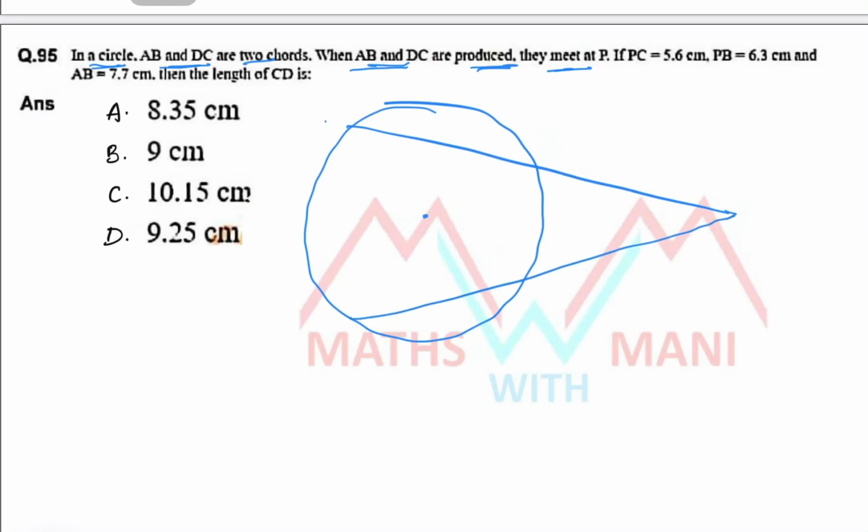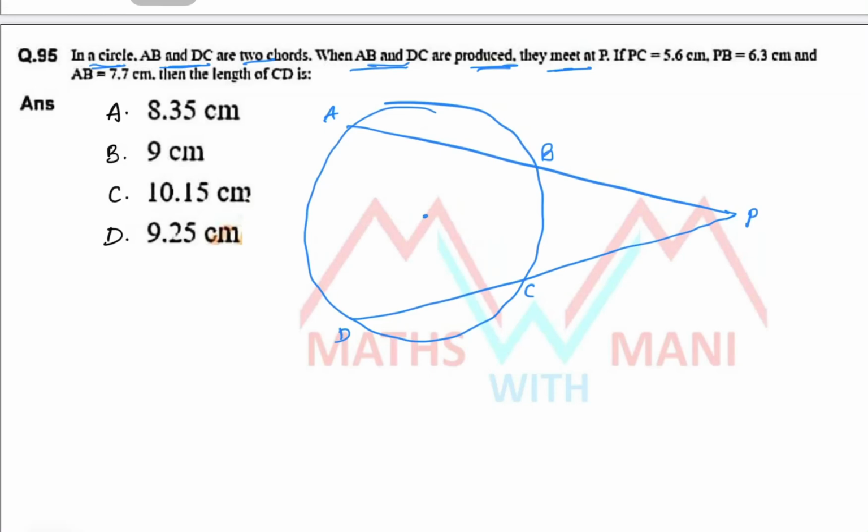So the chords AB and DC intersect at a point outside this circle. This is very important, because there are two types: chords intersecting inside the circle and chords intersecting outside the circle. This is type 2, outside the circle.